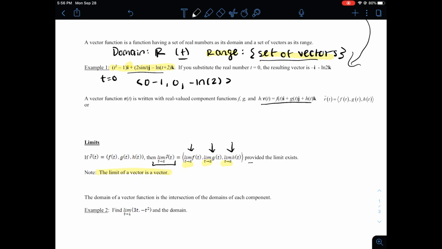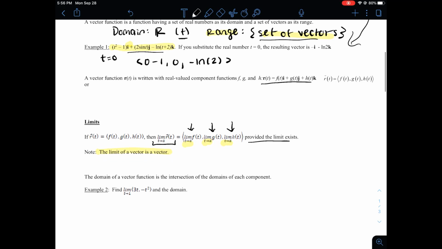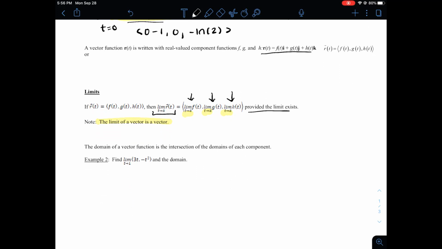Now, this is important, provided the limit exists. So if one of those parts doesn't exist, then we say that the whole thing doesn't exist. Also, the domain of the vector function is the intersection of the domains of each component. So remember, when you were writing domains in algebra and you wanted to do multiple intervals, sometimes you would use a union symbol, which meant like this and this.